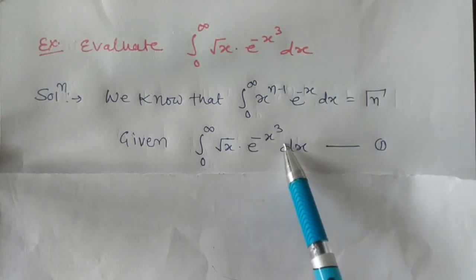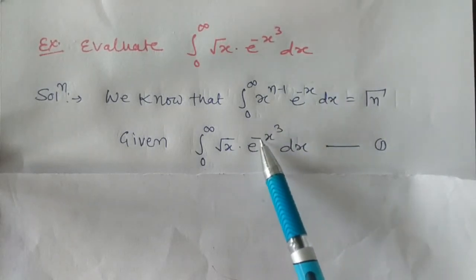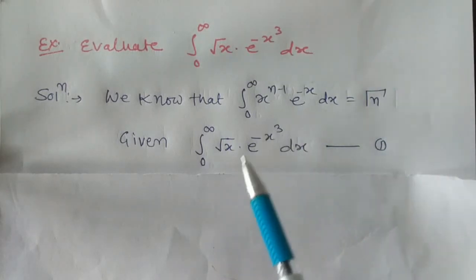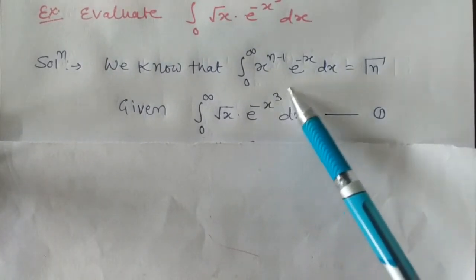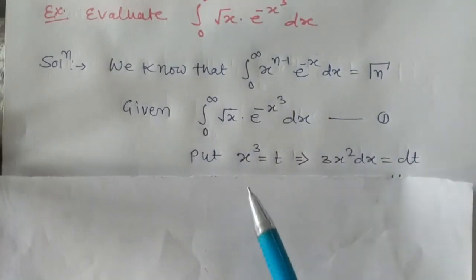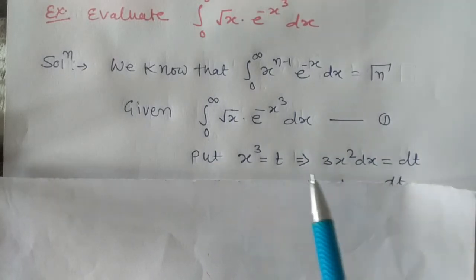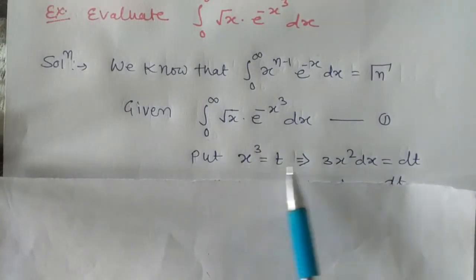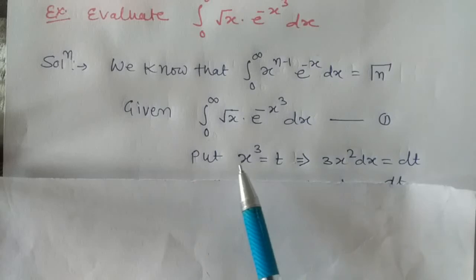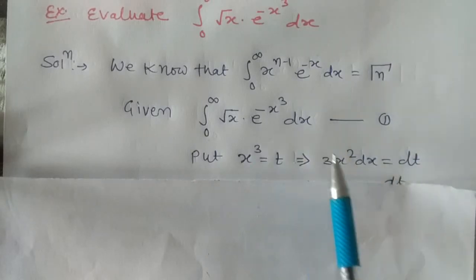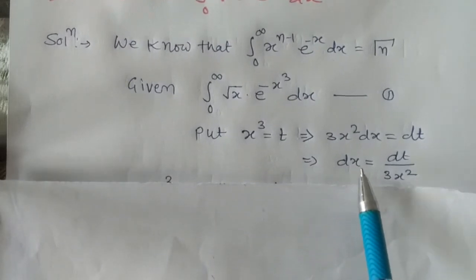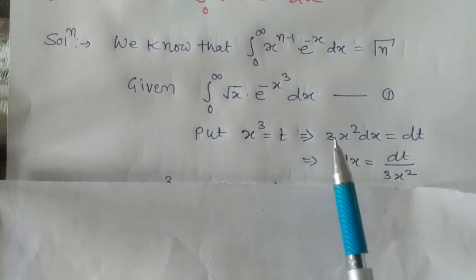So first we reduce this term to the standard form, variable power 1 only, and therefore we select x cube equal to t. Putting x cube equal to t, by differentiation we get 3x square dx equal to dt, and from this dx is equal to dt by 3x square.